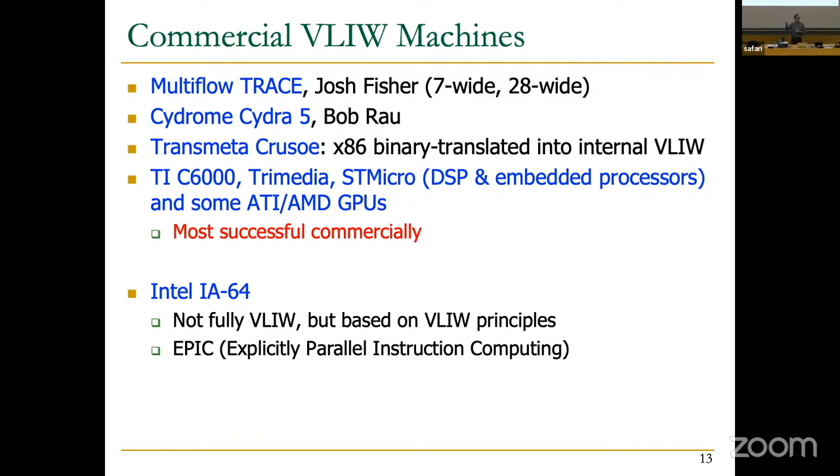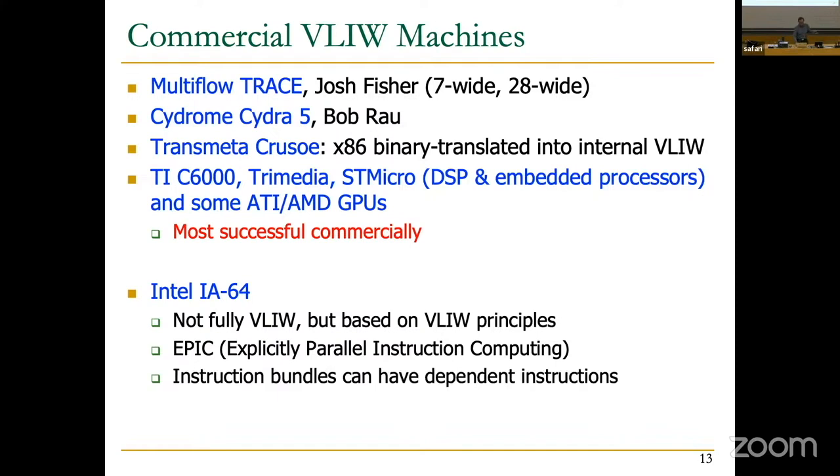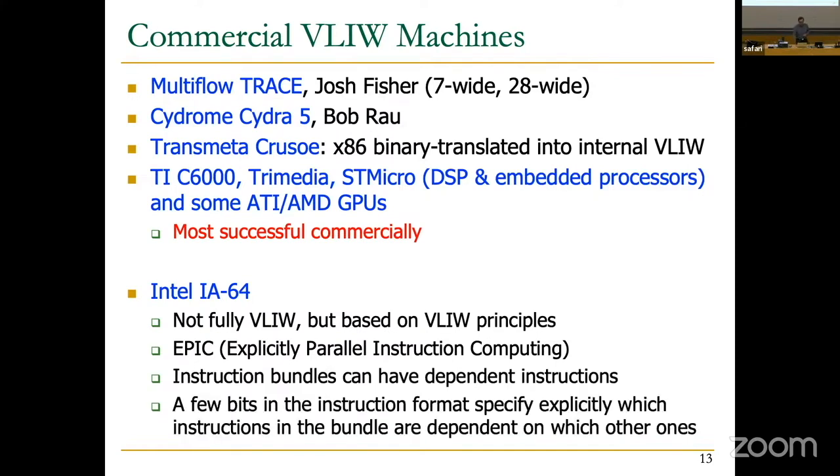So be careful, okay? So you can see there's a different model right now. This is called explicitly parallel instruction computing in Intel marketing terminology. So basically, there are a few bits in the instruction format that specify explicitly which instructions in the bundle are dependent on which other ones.